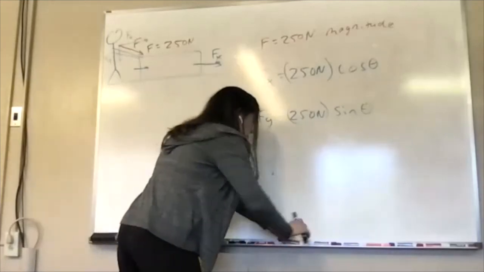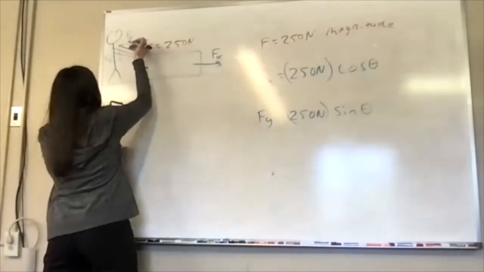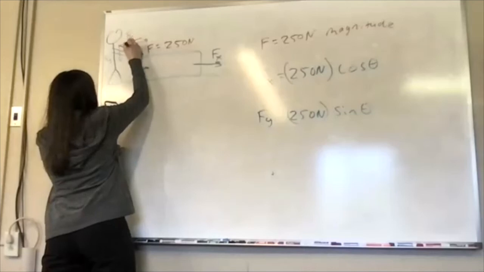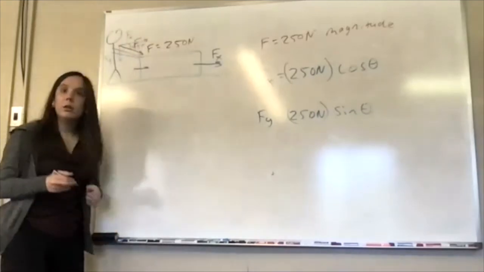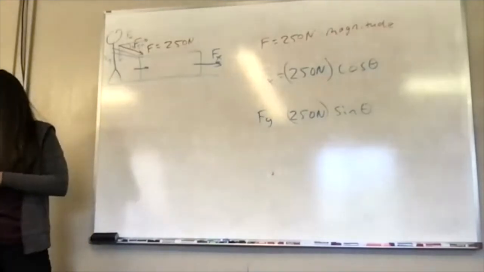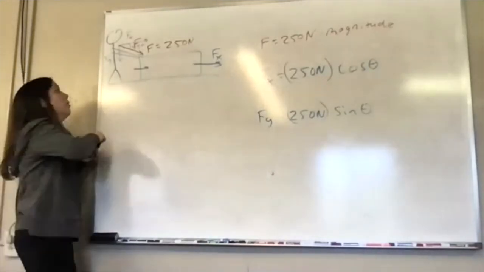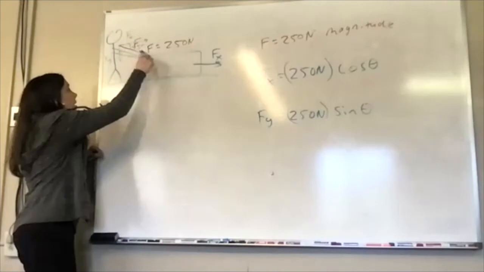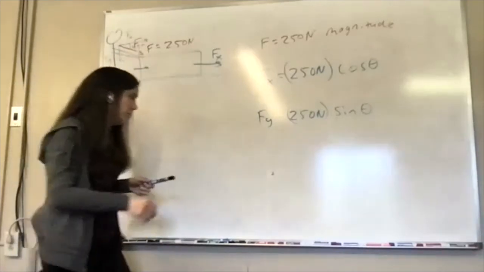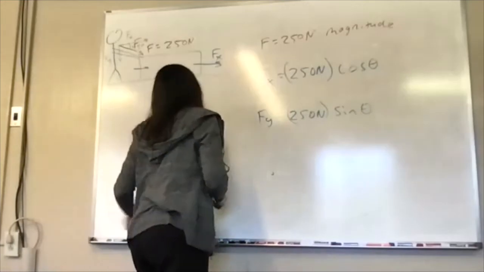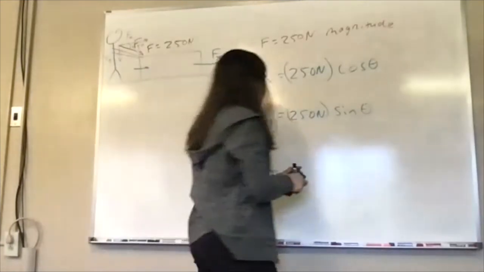Let's say this angle looks close to 45 degrees, so we'll call that 45 degrees. You have to be told the angle, but just to make it easier, we'll say it's a 45-degree angle from this red line, which is the force he's applying, to straight up. You'll be told in the homework problems what the angle is.